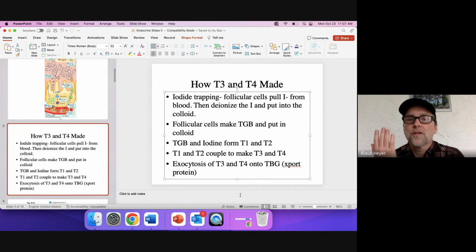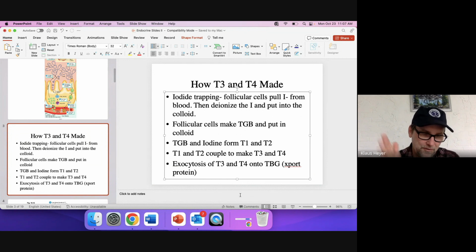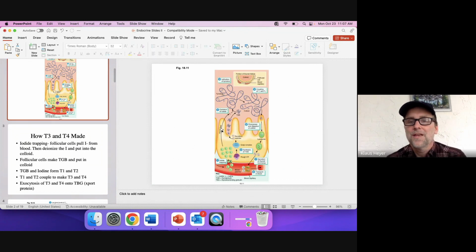Because the thyroid hormones are lipid soluble, and steroids are lipid soluble. The rest of the hormones are water soluble. Right, so this one you can't just drop it into the blood. Right, and I was saying in class, like you spit the hormones out. I mean, yes, but we're calling it exocytosis. So that's what's happening here.